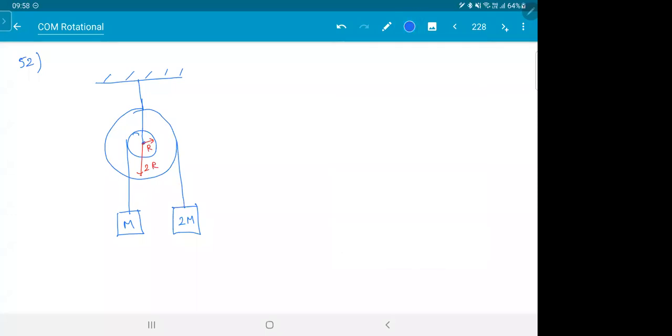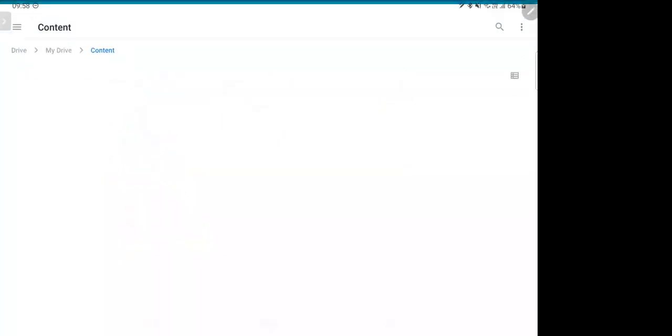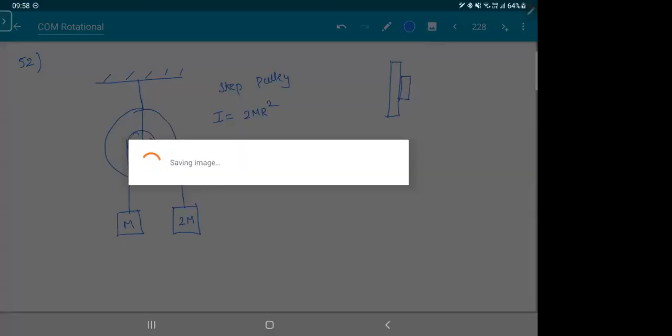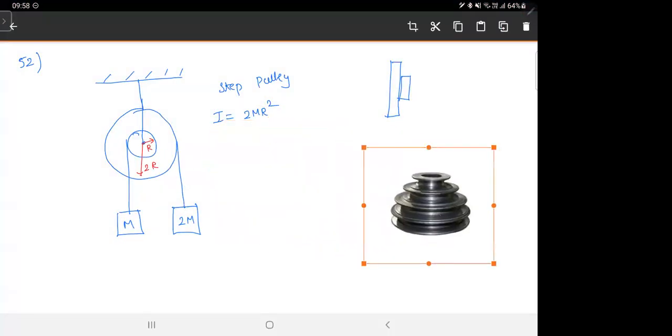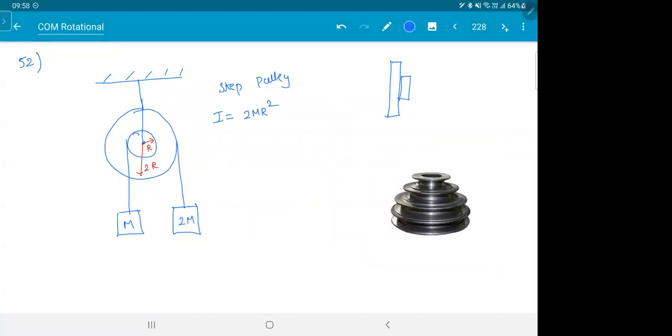So it's a pulley with different radii. The step pulley's moment of inertia is, let's say, 2MR squared. It is given. If you look at the side view, it looks like this. This is how a step pulley looks. It has multiple grooves, so you can keep the thread at different radii. Able to visualize the diagram now?